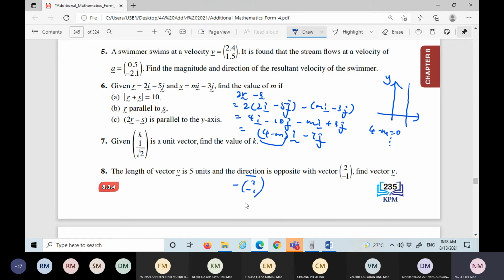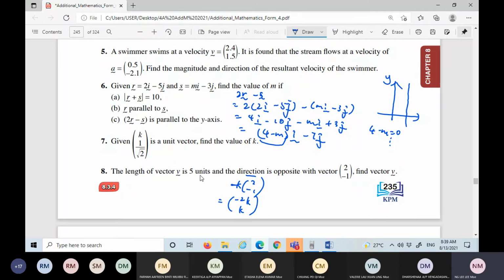This means vector V is parallel to the vector (2, -1), but with opposite direction. Since it is parallel, you can add a k in front. So you have negative k times (2, -1). Expand this, you get negative 2k and then a positive k.